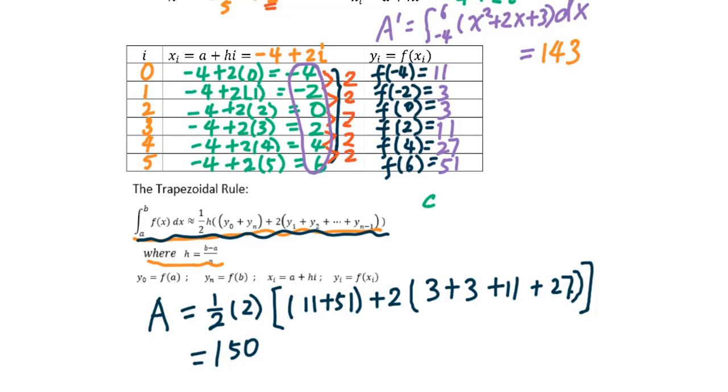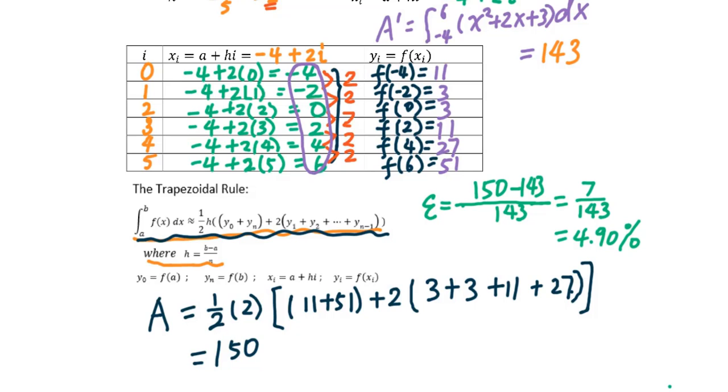Therefore, the percentage error equals 150 minus 143 over the exact value, remember. So you get 7 over 143. We put it into the graphing calculator, and you will get 4.90%.